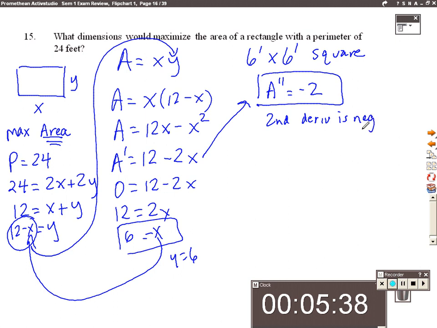We have a critical number of 6, because that's where the derivative is 0, and since the second derivative is always negative, including at the critical number, there would be a local maximum occurring, and that's what we were trying to do, to maximize. So just reminding you of the second derivative test to verify local max or local min.